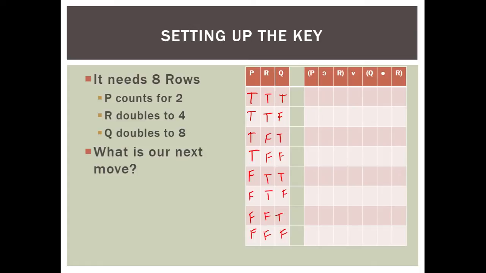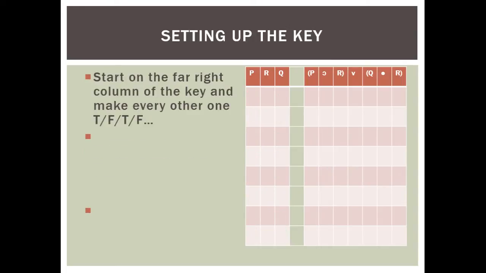Now, the approach I find more common sense is this: the first letter counts for 2, and every new letter doubles the number before it. So the letter P counts for 2 rows, R doubles that to 4 rows, and Q doubles that to 8 rows. The next step is to start on the far right column of the key and make every other one true, false, until you fill it up, just like this image.